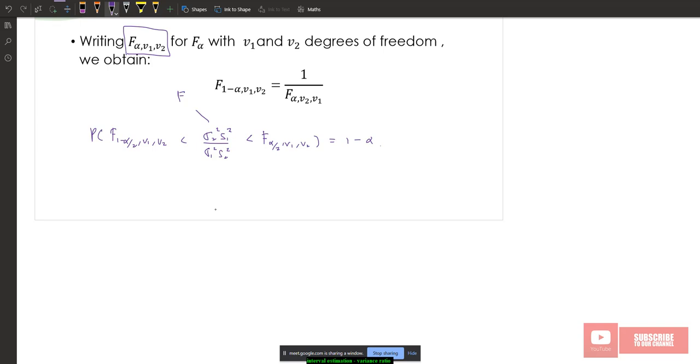If you take the sample variances to both sides, it becomes s2 squared divided by s1 squared times f 1 minus alpha divided by 2, v1, v2, and this is going to be sigma 2 squared over sigma 1 squared.